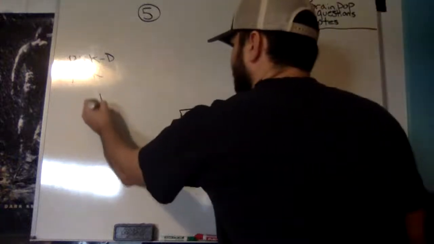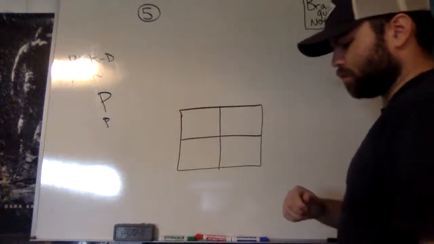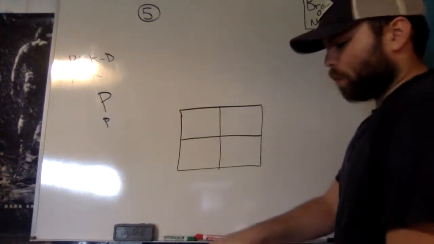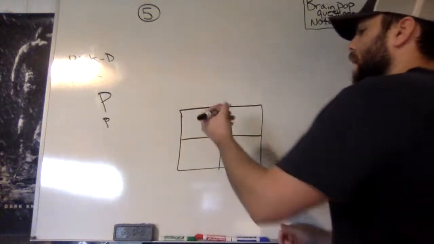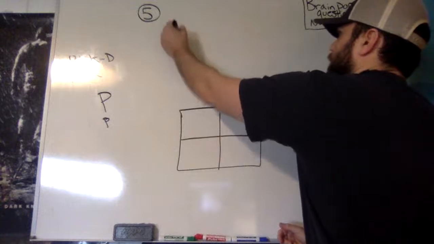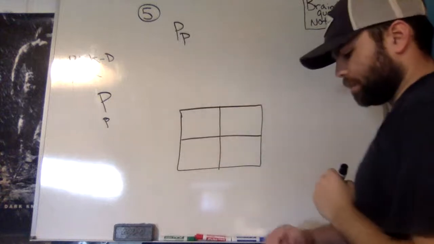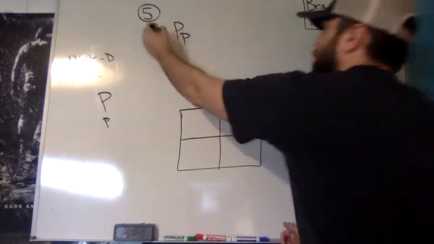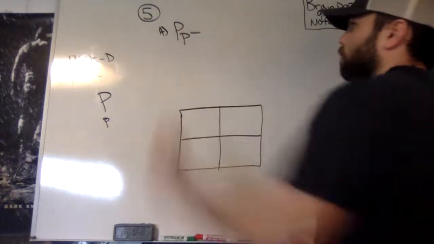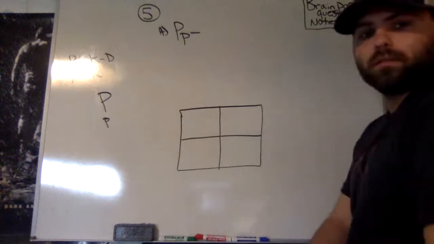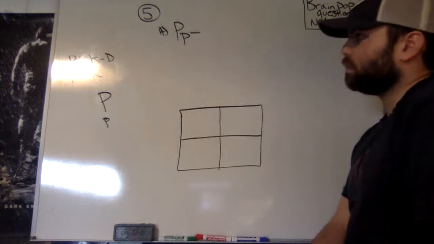So we're working with P and lowercase p, all right? So for this, they're saying that they're both heterozygous, okay? So that means that they have to have capital P and lowercase p, all right? And this is going to help us for letter A. So big P, little p, what type of body is that going to give you? Is that going to give you pink color or yellow color if you have a capital P and pink is dominant?